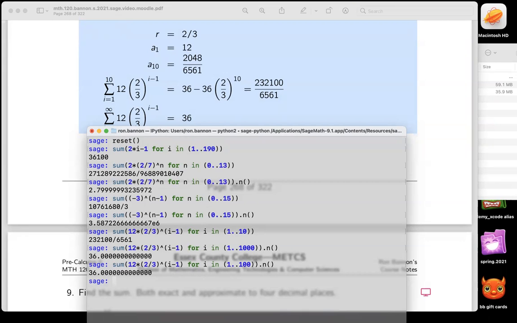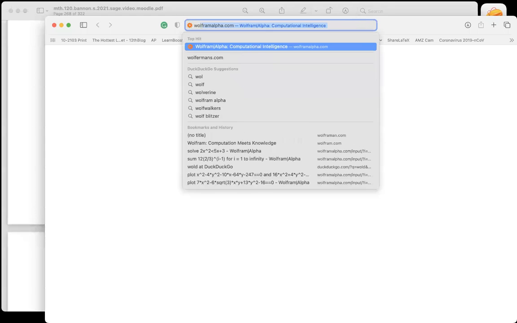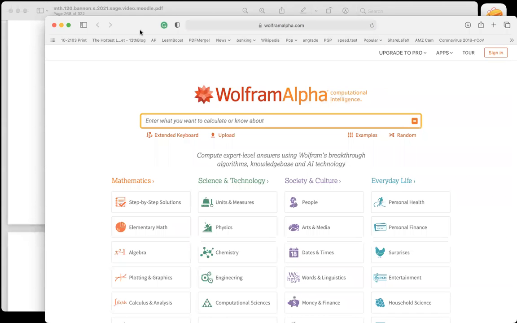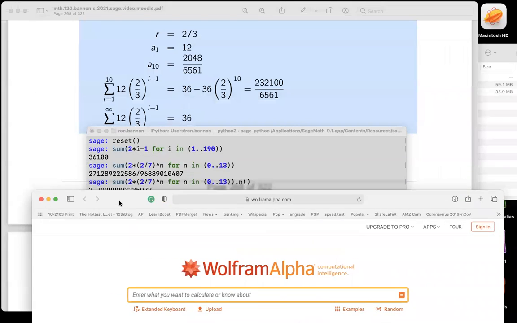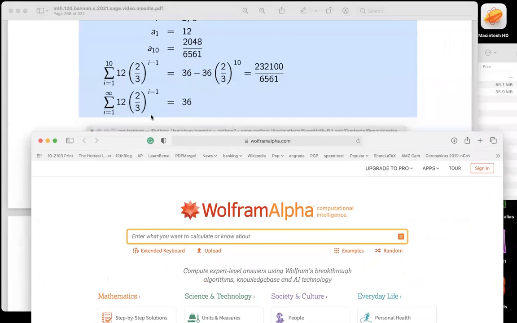All right, so what I want to do is go to Wolfram Alpha. Give me a second to do so. And I want to type in the infinite sum. And again, we're just playing around with software. That's all we're doing.